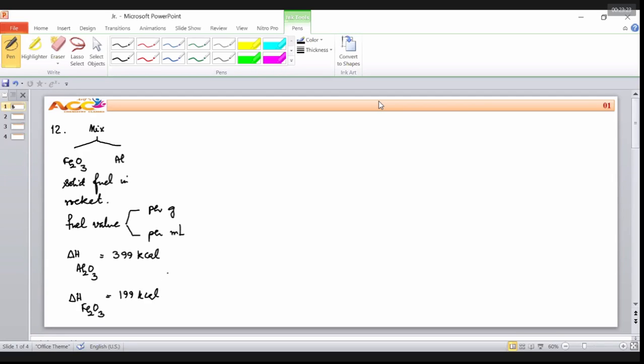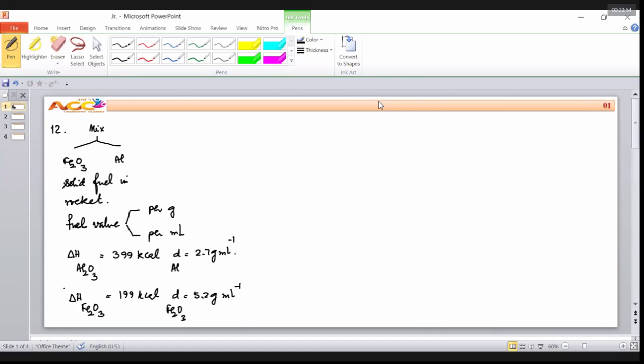And one more thing is given, density of Fe2O3 is 5.2 grams per ml, and density of aluminium is given, not alumina, aluminium is equal to 2.7 grams per ml. Come on, now how to proceed?